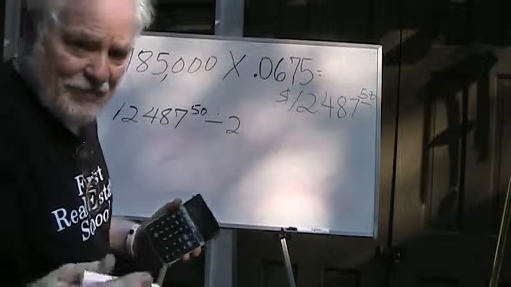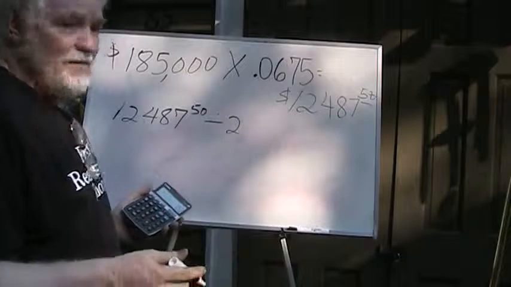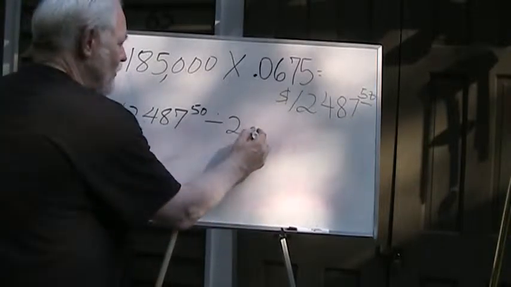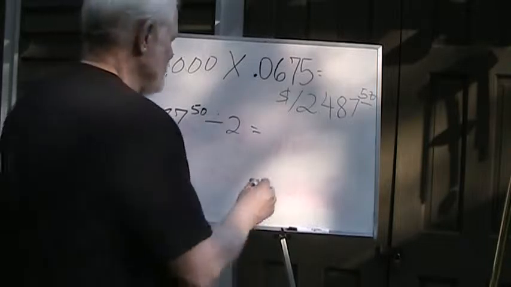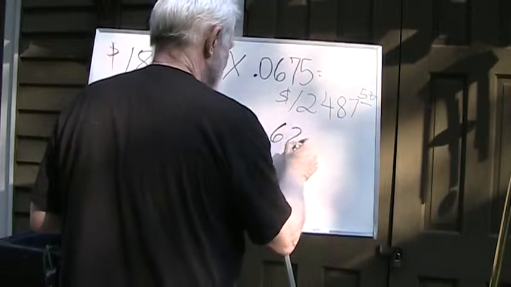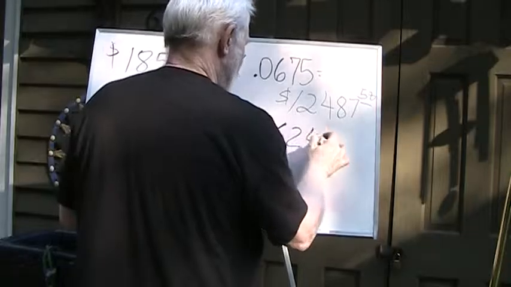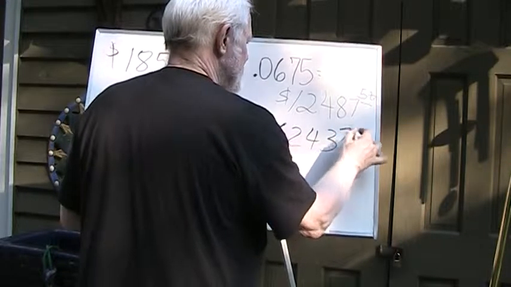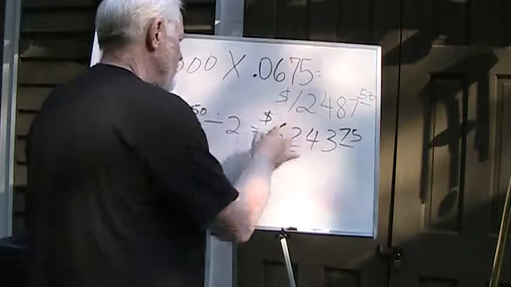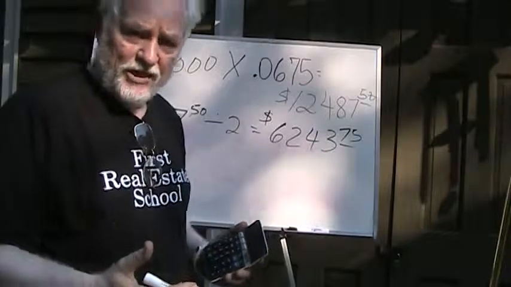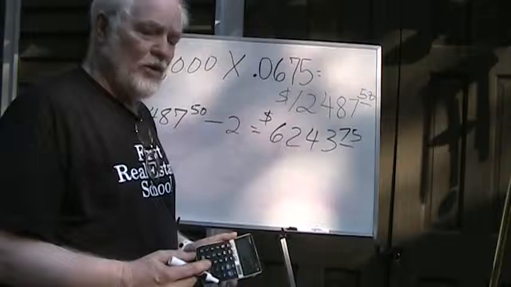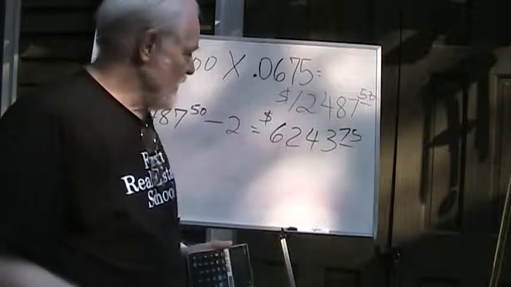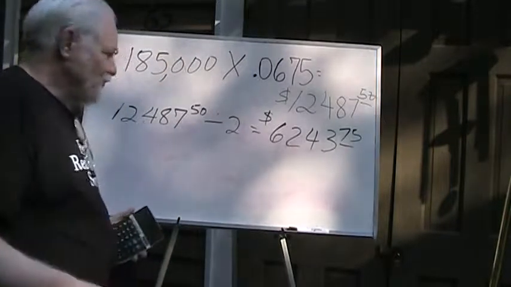You could have multiplied it by 0.50 and it would have had the same effect. We just want to figure out what half the commission is. Half of that commission is $6,243.75. So Bill's going to bring home from the closing a check made out to ABC Realty for $6,243.75.